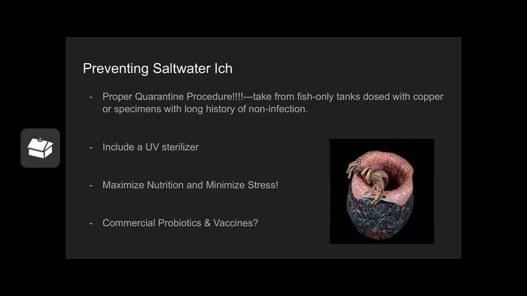Maximize nutrition. There's a lot of studies coming out. The more fish have good nutrition, the more good fats, the more fish meal, krill meal, spirulina, astaxanthin, all these good things, carotenoids, good fats, trace minerals, the more of a diverse and substantial diet, the higher quality feeds that you give your reef, and the more diversity of feeds that you give your reef, the more equipment they have for having natural immunity to ick.